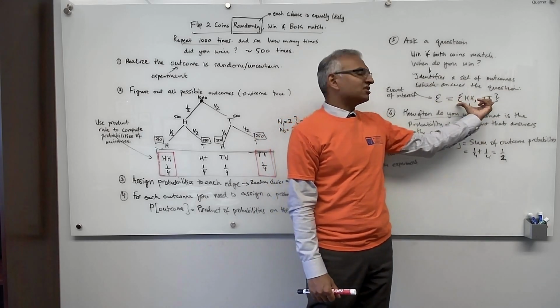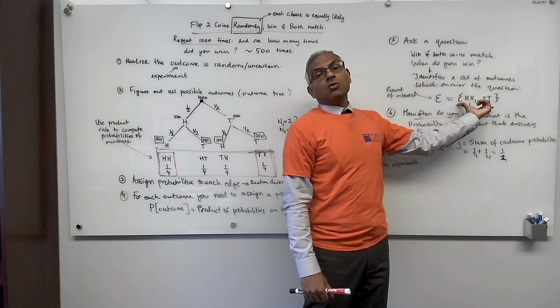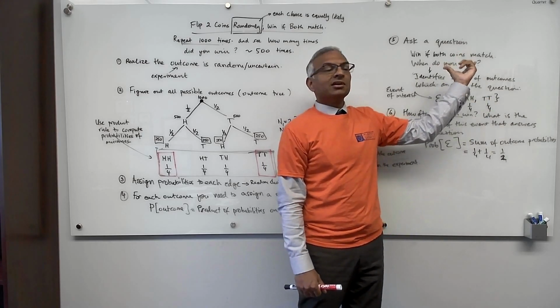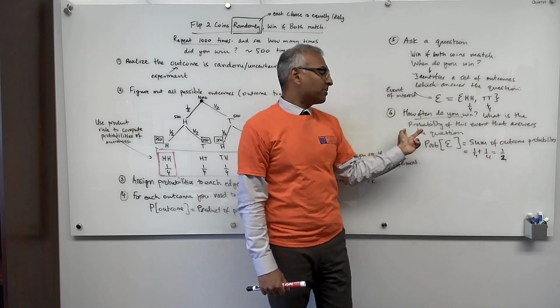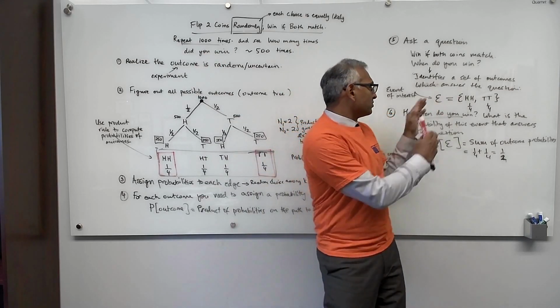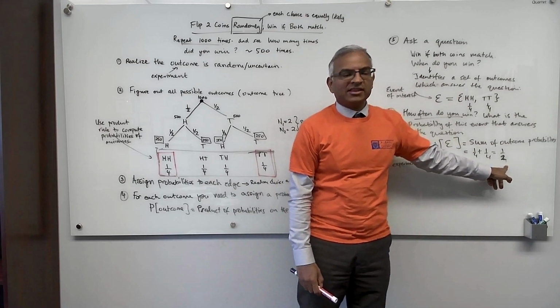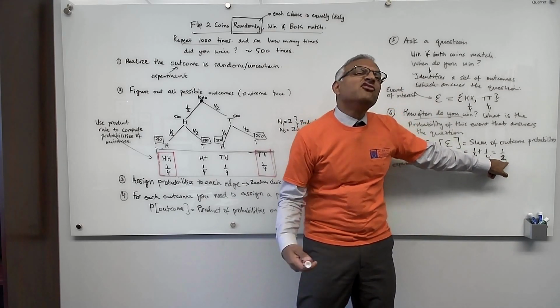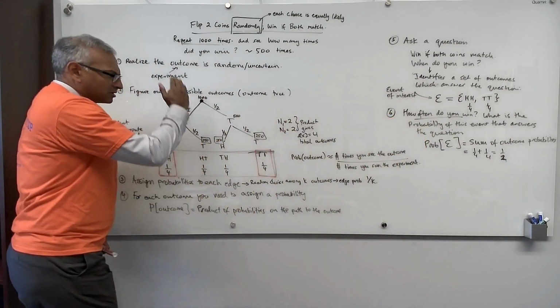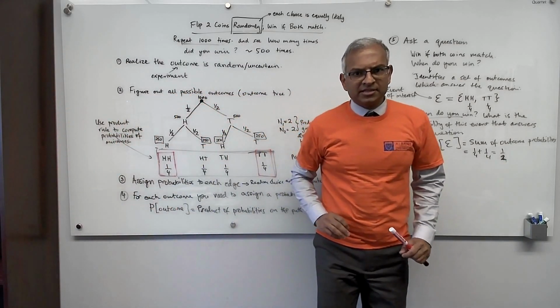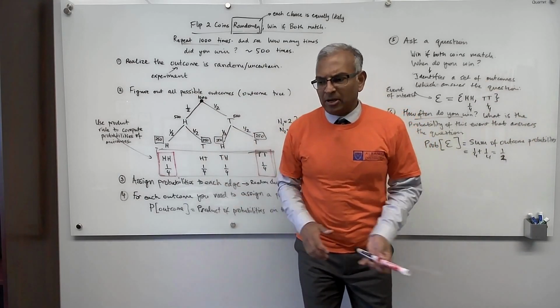And once you have this event of interest, to compute how often this thing you're interested in occurs, you just add up the event probabilities. That's the 6th step in this mechanical route to computing this number 1/2. And then you interpret this 1/2 as: if you were to repeat the experiment, how often would it happen? Okay, so that's the mechanical approach to computing probabilities. Now let's erase and do lots of examples.